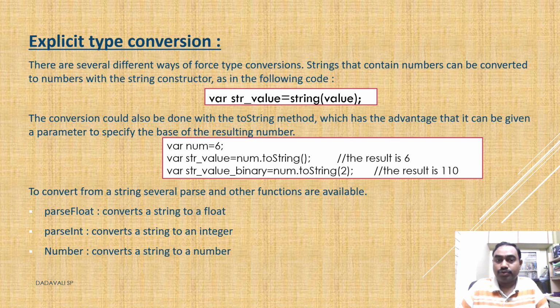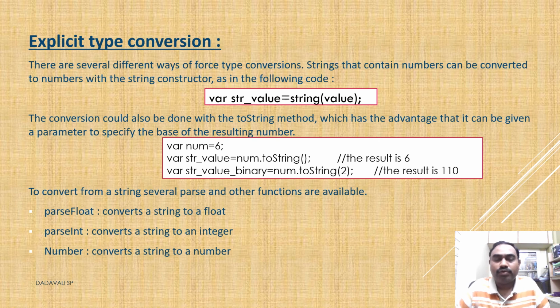You can use the toString method, which has the advantage that it can be given a parameter for the base of the resulting number. So variable strValue_binary is the variable number toString with base 2. The result is 110. To convert from a string, parse and other functions are available. parseFloat converts a string to a float, parseInt converts a string to an integer, and Number converts a string to a number.